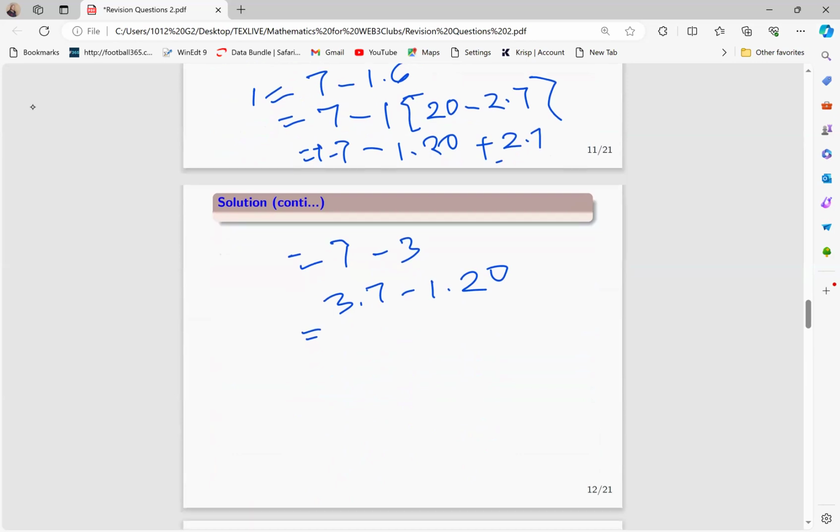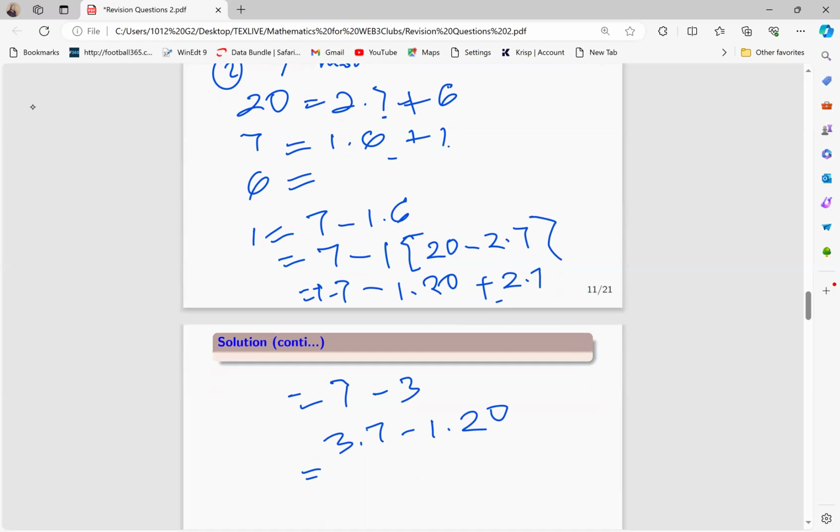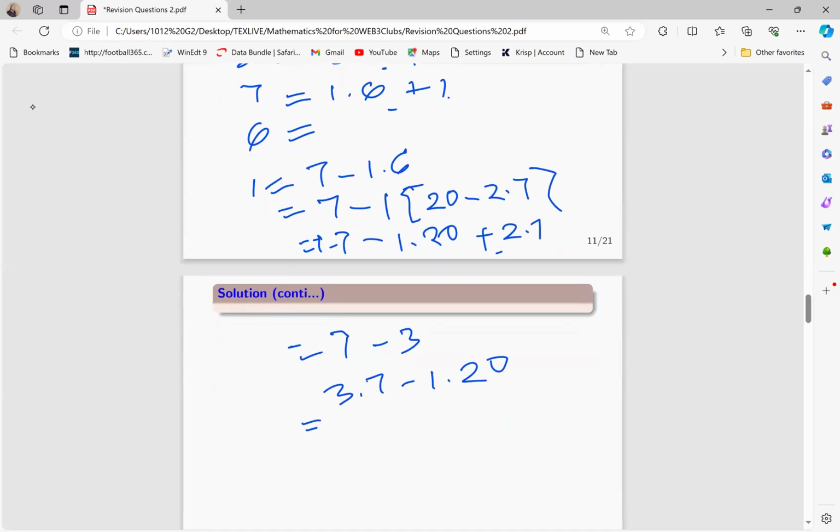You began by substituting the first one, writing it as the subject, which is 7 minus 1 times 6. Then you substituted the 6, so you have nothing else to substitute. So what follows, you have to write the inverse of 7 from the equation that you have.